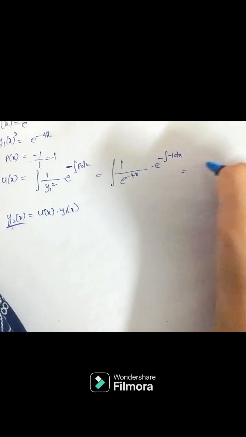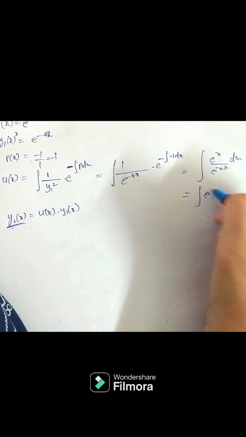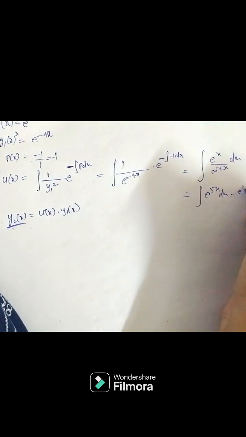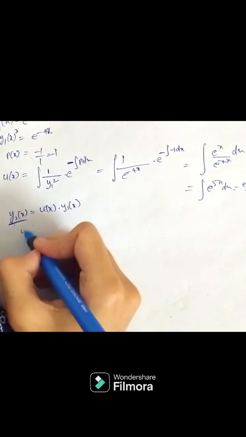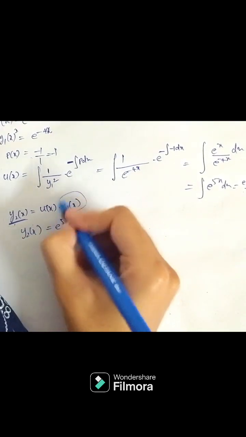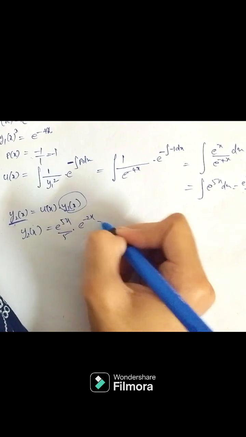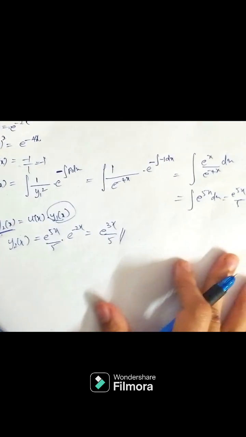So this will be e power x by e power minus 4x dx. So integral e power 5x dx, which is e power 5x by 5. Okay. So u of x you got. So what is y2 of x? E power 5x by 5 into y1 of x, which is e power 3x by 5. So simple. You just need to remember this one formula.